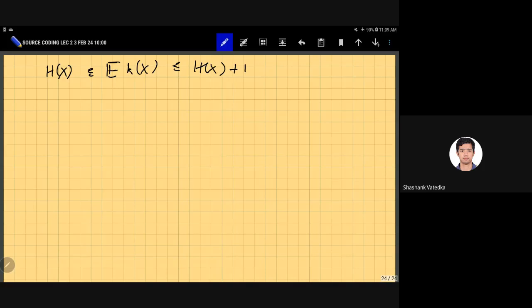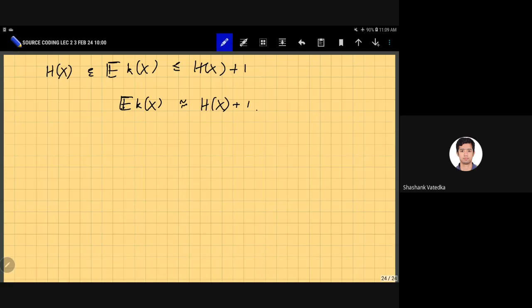So in the worst case, for the worst possible distribution, the expected length that the Huffman code achieves is H(X) plus 1 bits.